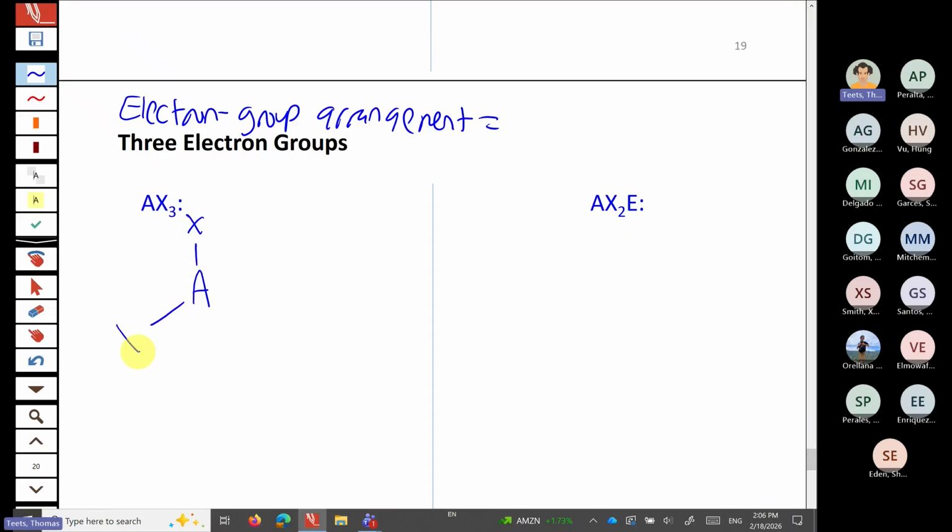You put those three atoms still in 2 dimensions, but 120 degrees apart now, to put them as far apart as possible. And again, the electron group arrangement, anytime there's three, is called trigonal planar. And if all three of those electron groups are atoms bonded to the center atom, there's no lone pairs involved, then the molecular shape is also trigonal planar.